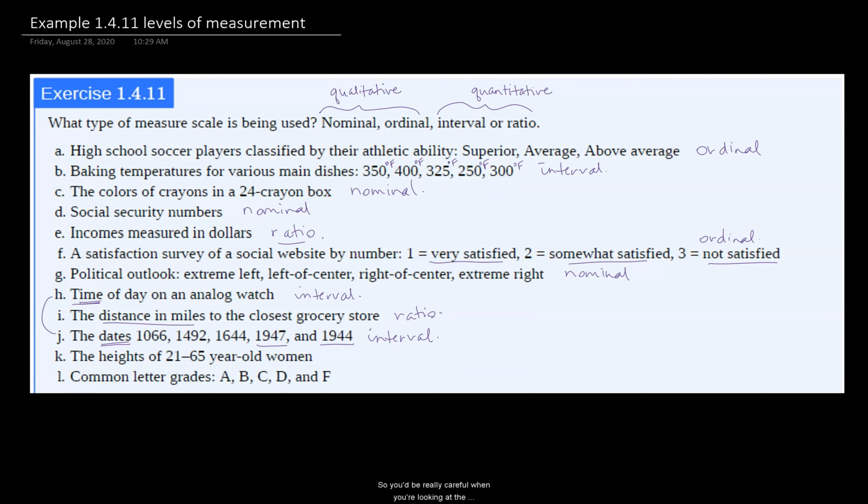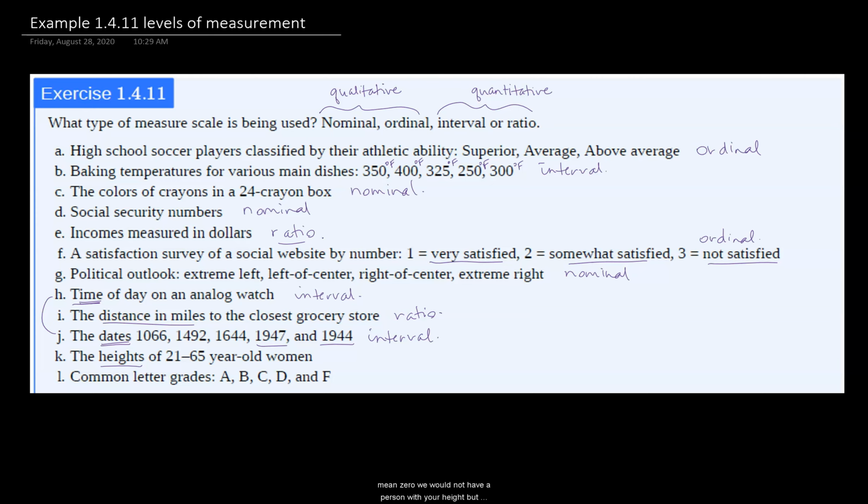So just be really careful when you're looking at the data, what type of time it is. Here, time of day on a watch, dates, these are interval levels because the 0 does not make sense. In K, the heights of 21 to 65-year-old women, we are talking about heights and we are measuring, and 0 height actually does mean 0. We would not have a person with 0 height, but the 0 height is meaningful.